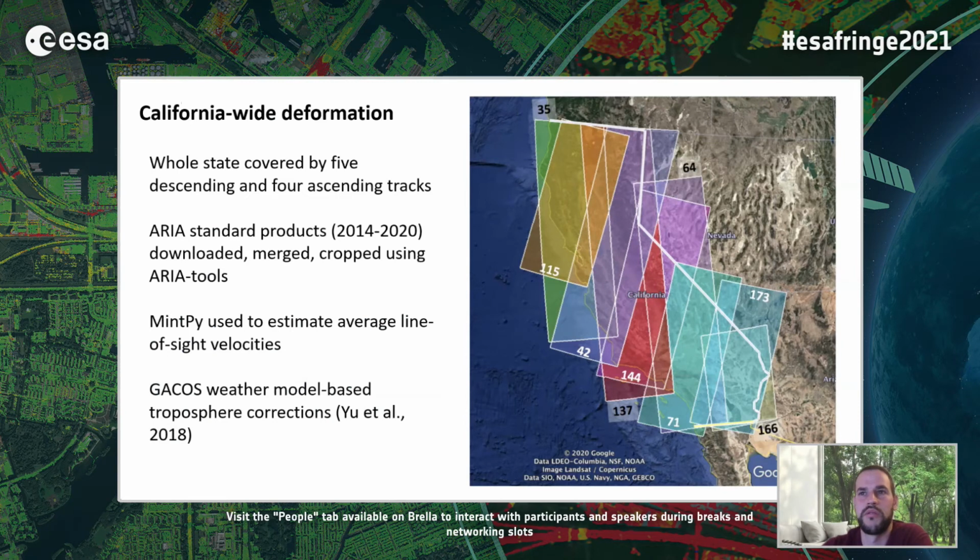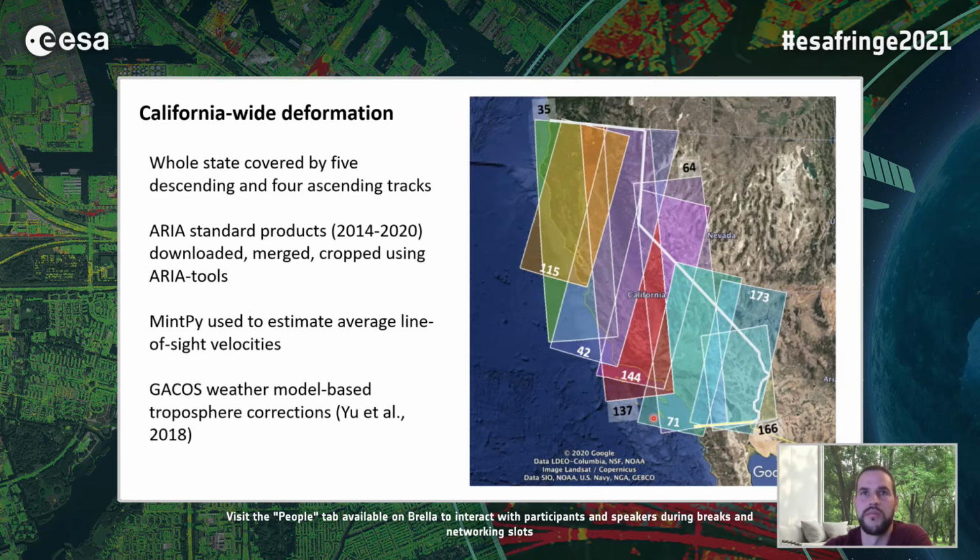So with respect to our California-wide processing, I showed you the tracks before. So here you can see them again. There were 5 descending and 4 ascending tracks, in total 9 tracks. We processed them from 2014 to 2020. We processed them with ARIA tools, and then we went into MintPy to do the time series analysis and get the average line of sight rates.